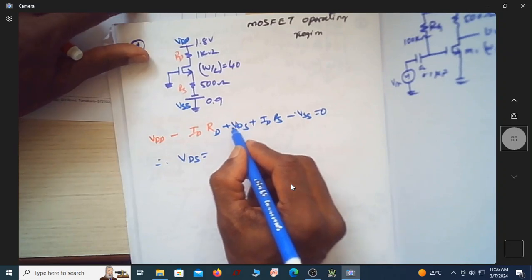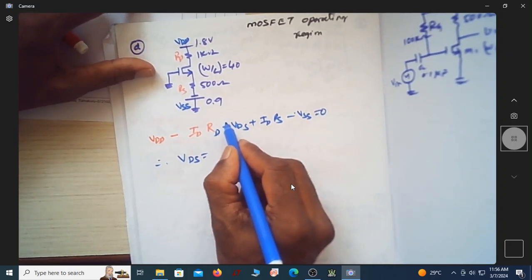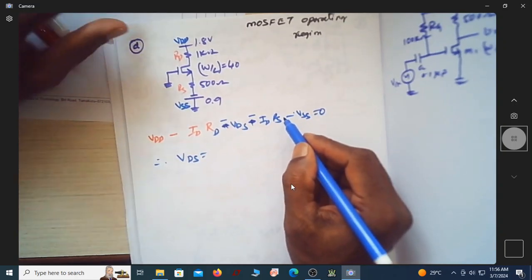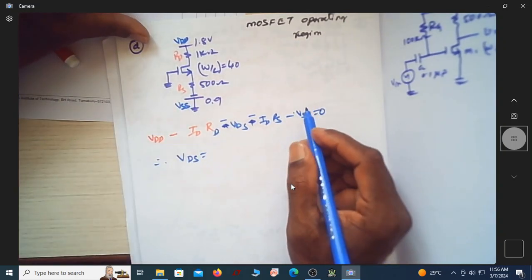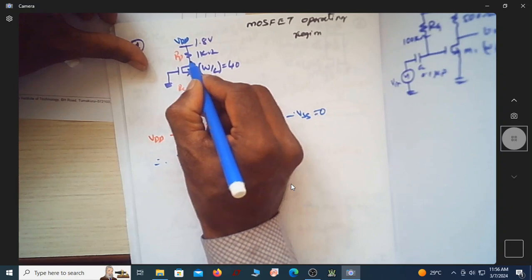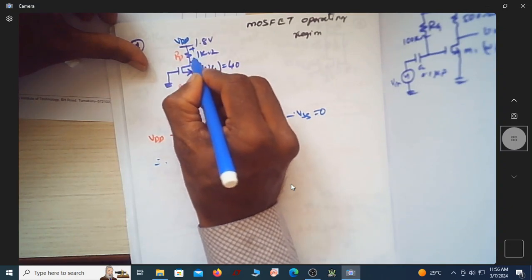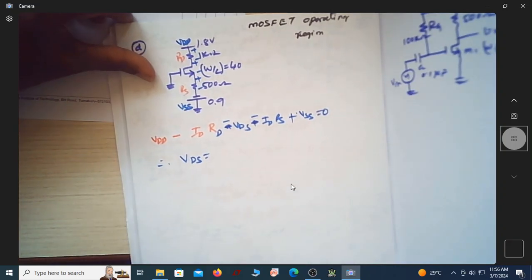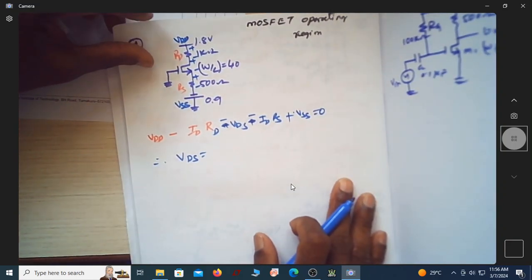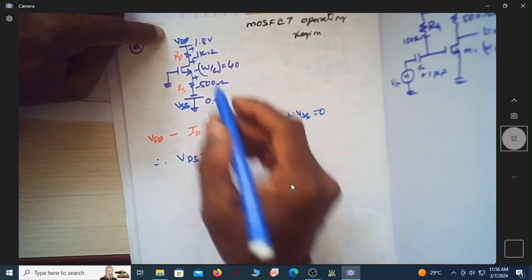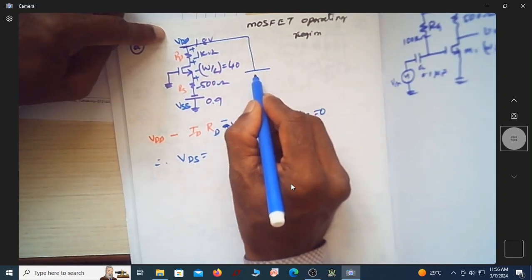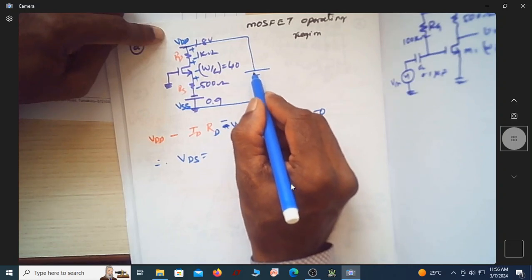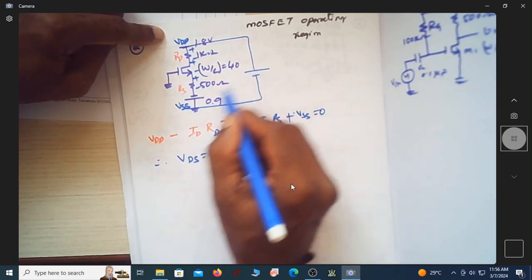Oh sorry, this is actually plus, plus, plus, and this is plus VSS, correct? We actually had it like this. This is voltage rise, this is voltage rise.